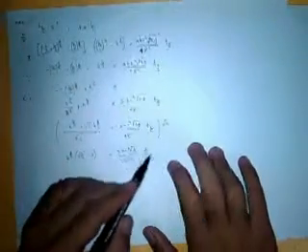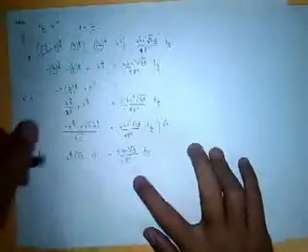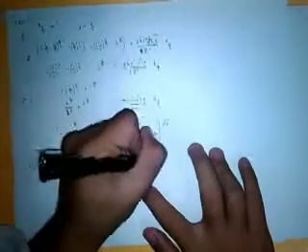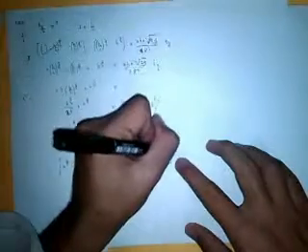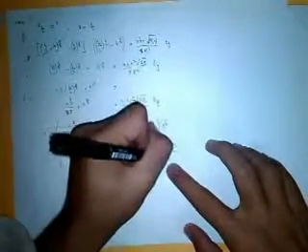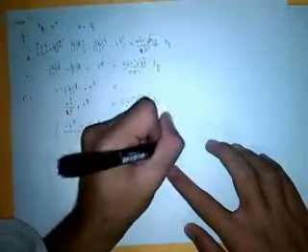So we only need this one, so we have to multiply everything by 2r squared over 3 h r squared square root of g.